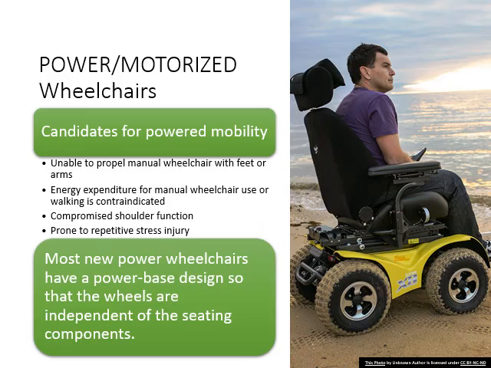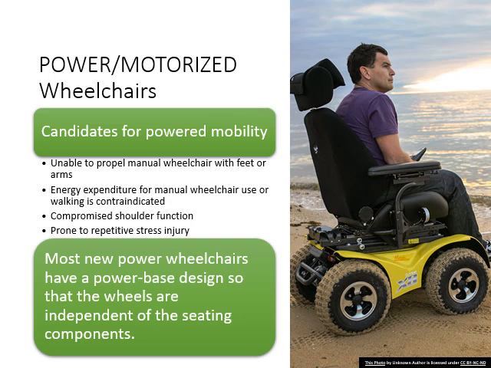A motorized or power wheelchair is used for somebody who has trouble propelling themselves using their own arms, or for somebody who doesn't have enough energy to manually propel themselves, or for somebody where it's contraindicated for them to be propelling themselves.